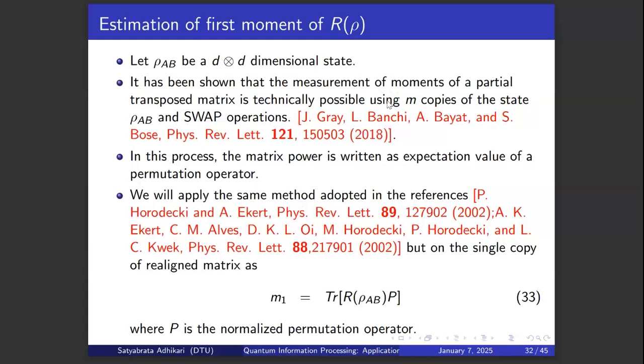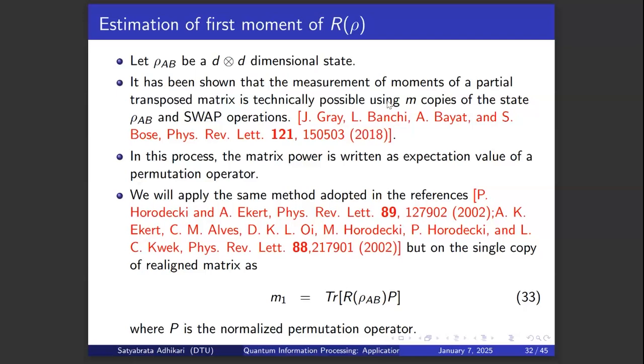So if more than one copy is given to you, then only you can achieve the moments of a partial transpose matrix in an experiment. But in our case, we need only a single copy of the realigned matrix. So only a single copy of the realigned matrix is enough to estimate the first moment of R rho in an experiment.